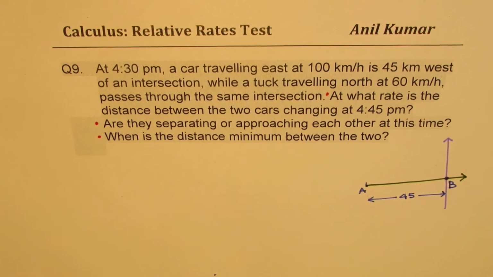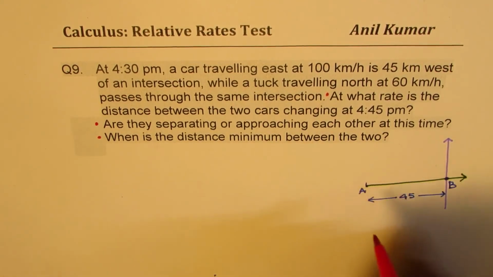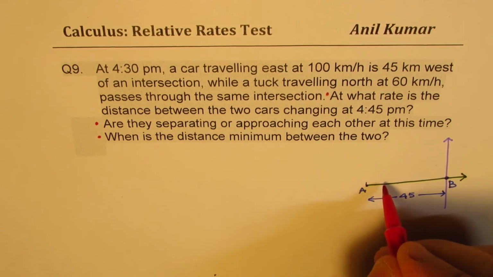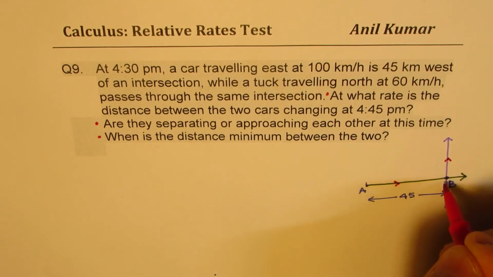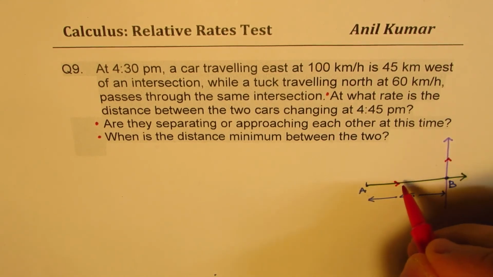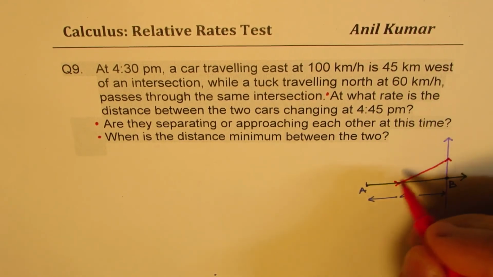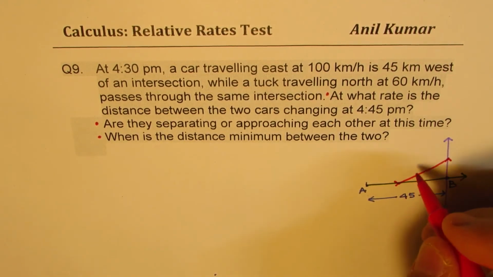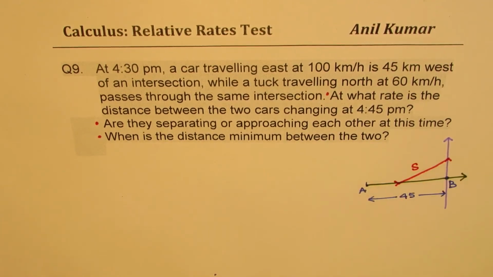Now as time passes, the truck moves and the car also approaches. Let us say at time t, A reaches this place and the truck reaches the other, because they are going in those directions. So the distance between them is this, right? We'll call this distance S, which separates the two.